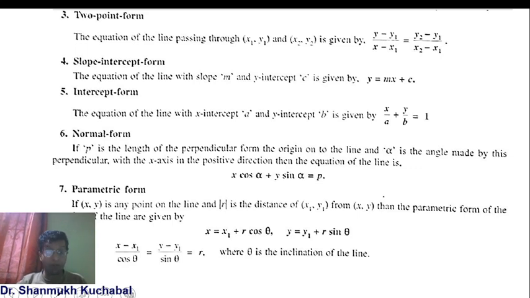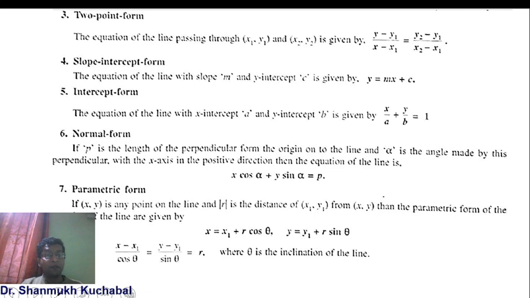Next, parametric form. First we need to understand what is meant by a parametric form. Suppose x and y are two variables, and x is represented in terms of theta, and y is also represented in terms of theta.